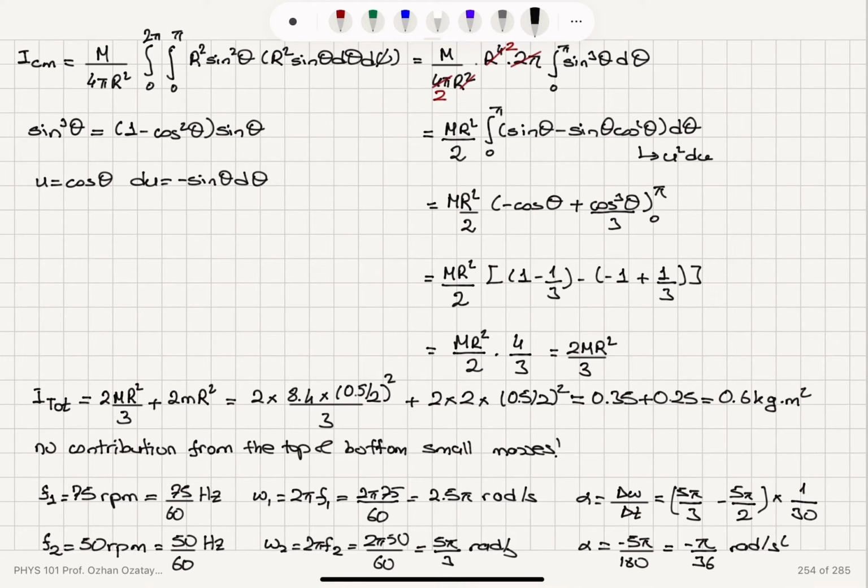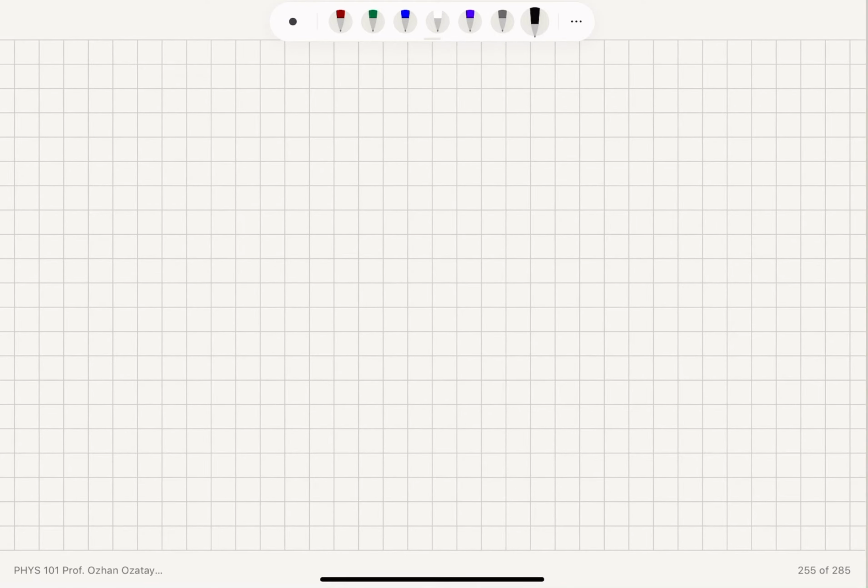All right, and this corresponds to a net torque. Now we have to calculate the net torque. Net torque will be equal to I alpha, I total times alpha, Newton's second law rotational form.